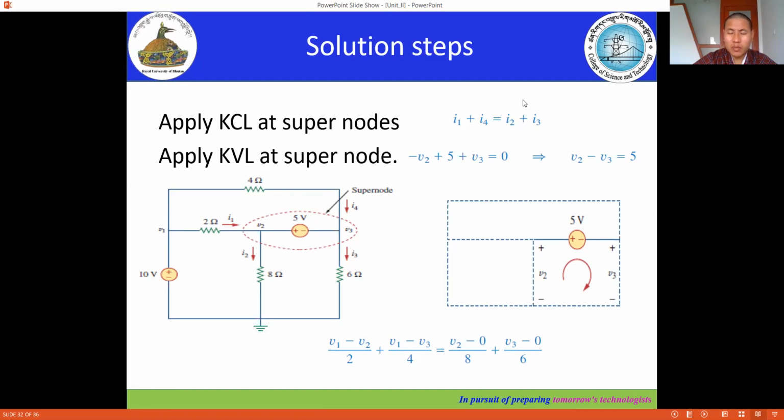To determine the current using the node voltage, you have to apply Ohm's law, right? So we have V1 minus V2 divided by the resistor at that branch, which is 2 ohm, plus V1 minus V3 divided by 4 ohm is equal to V2 minus 0 divided by 8, and then V3 minus 0 divided by 6. So we have framed the equation, and now the solution.